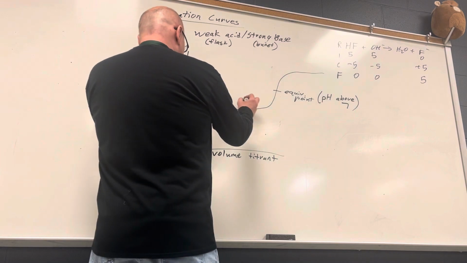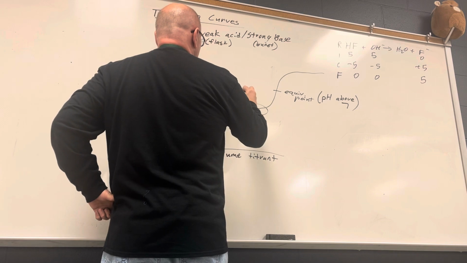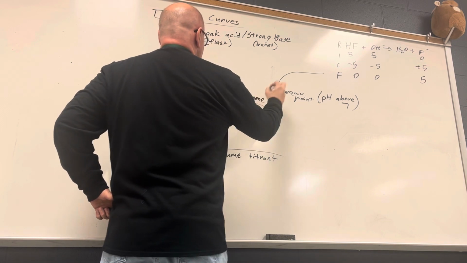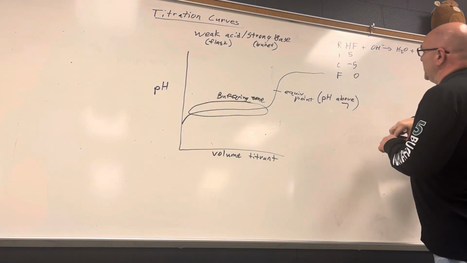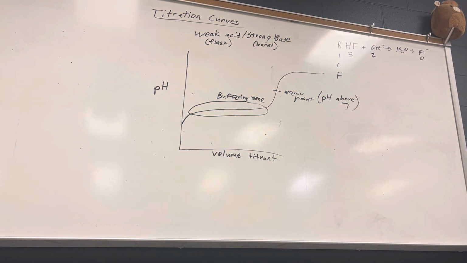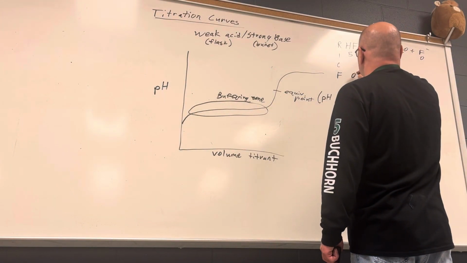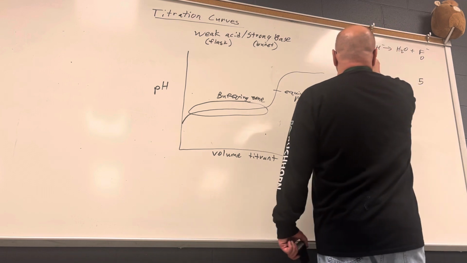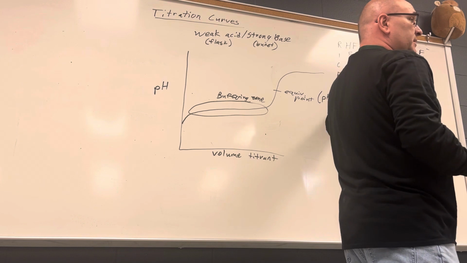Now, this region is called the buffering zone, and I'm going to talk about why that is. Let's pick any point prior to the equivalence point. But first, at the equivalence point, do you agree these are both 0?